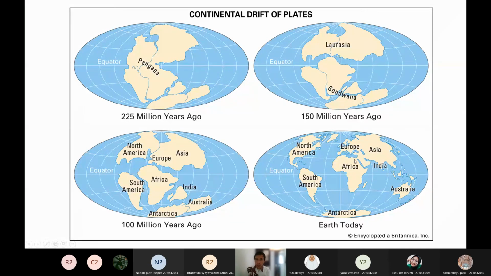So for the very ancient animals living, for example, in the Pangaea continental region, when this land was separated into several pieces of continental regions, it also became a force causing the distribution of animals, because the land where they stay also moved and separated from each other, and therefore they could not migrate easily from one place to another, because there is a barrier, including the water from the oceans and also barriers on the land.